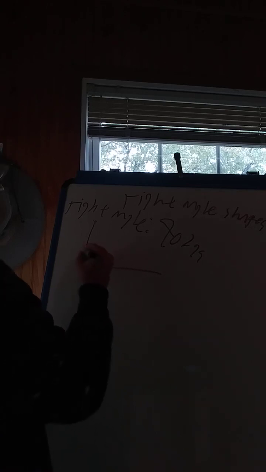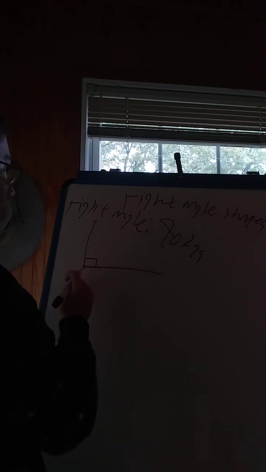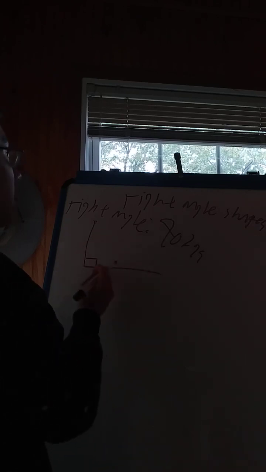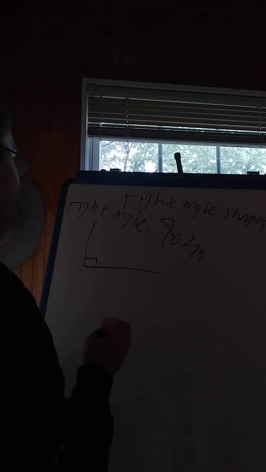So if I draw this box on the corner, it looks straight, like a mini square, and maybe I could shade it in, then that is a right angle. This is just a part of a shape.